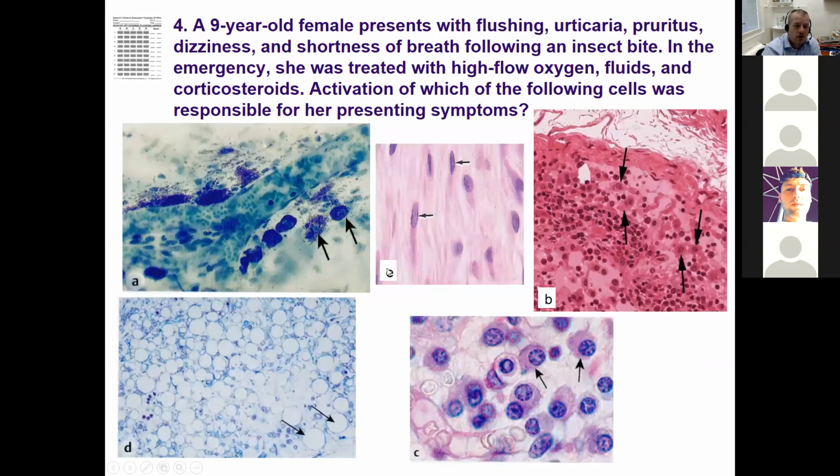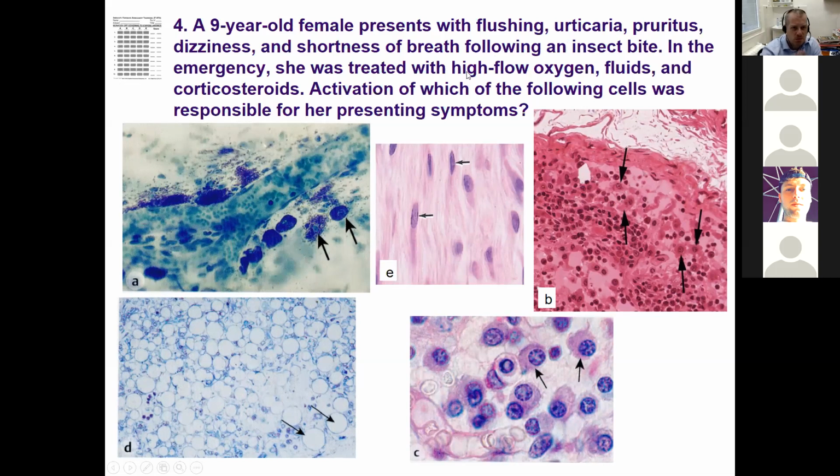Another question, and I know some groups did it, is that there is a young girl presenting to a doctor with these problems: flushing, urticaria, itching, or pruritus, which is itching. She is feeling dizzy, she has difficulty breathing, and it happened after an insect bite.